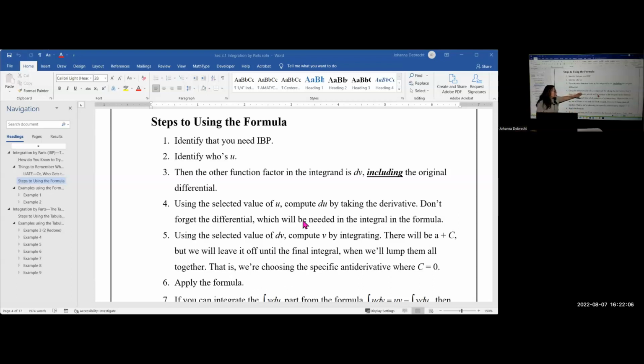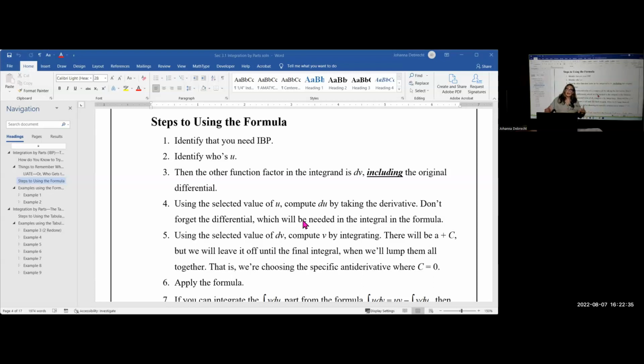Then using the selected value of u, we want to compute du by taking the derivative. Remember I said u is not very hard because we take the derivative of u, we can take the derivative of anything. The hard part is integrating. So don't forget the differential when you take the derivative of u, all right? We're going to need that in the integral. Remember the formula, right? uv minus the integral of v du.